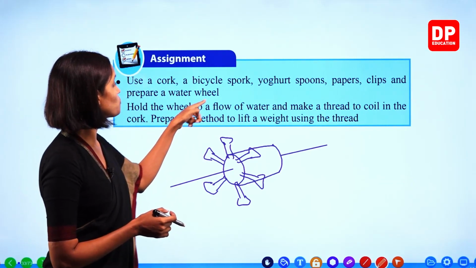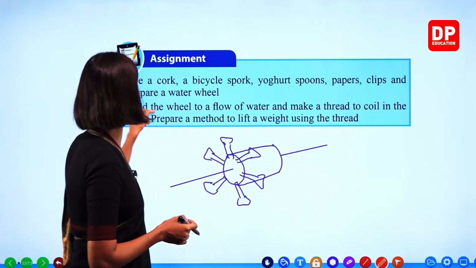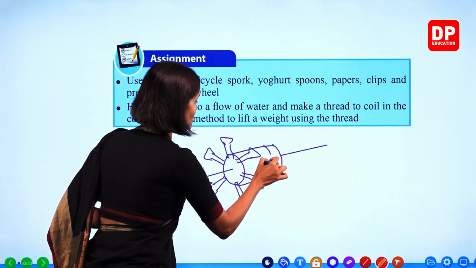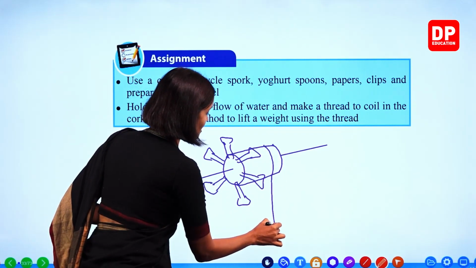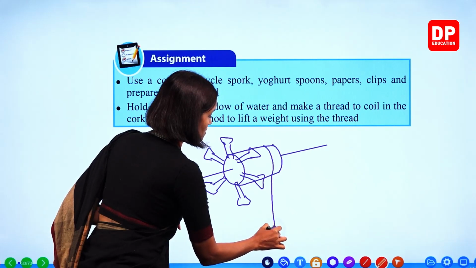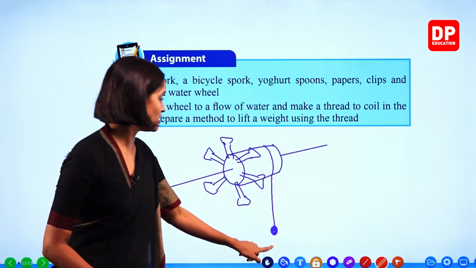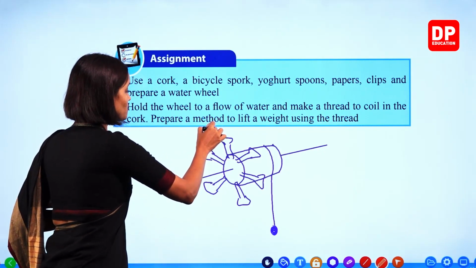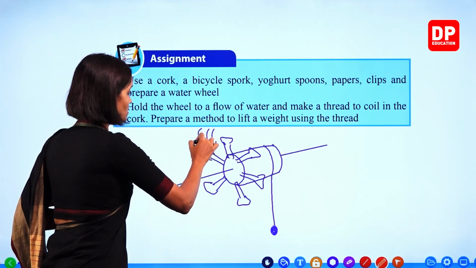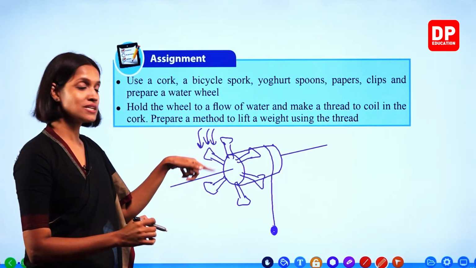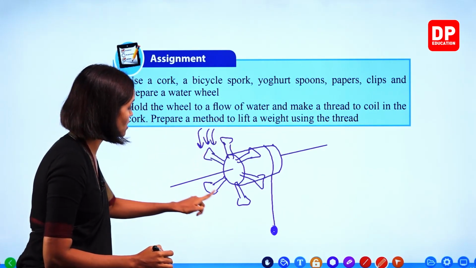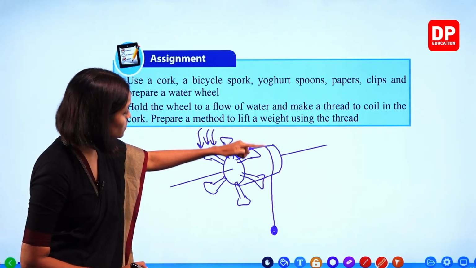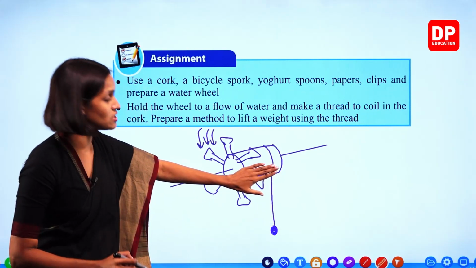Then what do you have to do? Hold the wheel to a flow of water and make a thread coil around the cork. From this side, you can connect a thread like this and hang a small weight. Then you can rotate this small turbine using a current of flowing water, and when it rotates, this thread also turns round the cork and you can lift this weight.